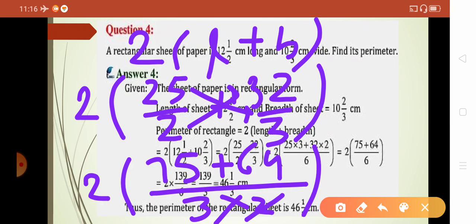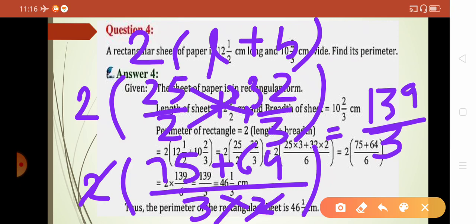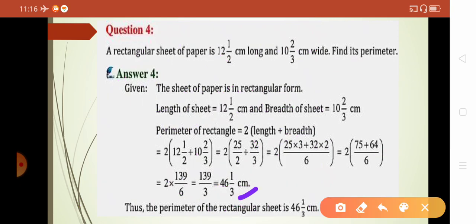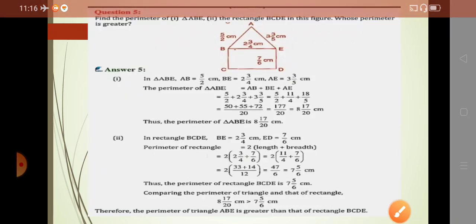So this 2 will cancel this 2 and we will get 139 by 3, and the answer is 46 and 1 by 3 centimeter. That is the perimeter of the rectangle. So simply you have to put the values given here, add the given fractions, then multiply by 2 and you will get your answer.